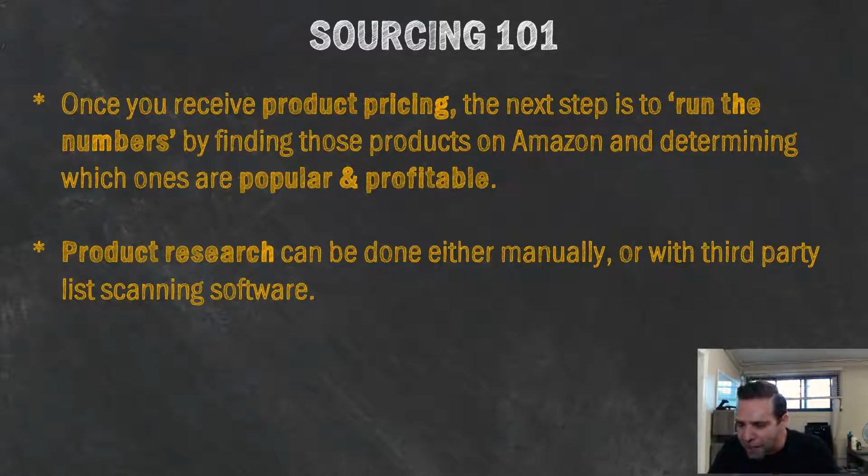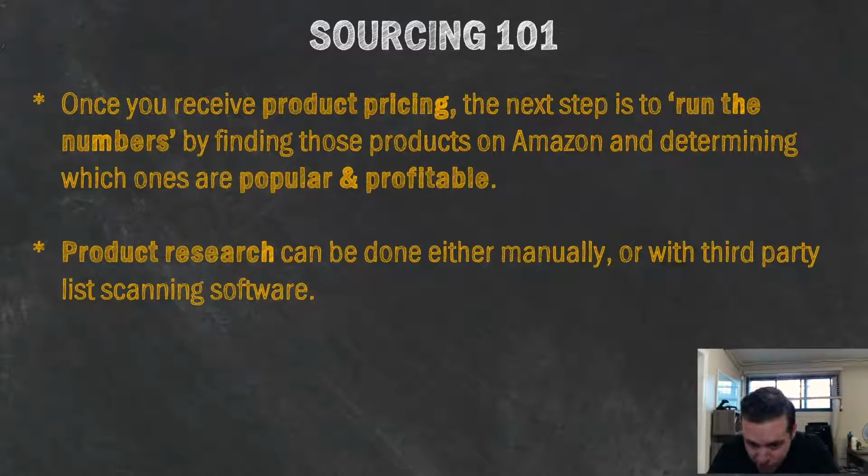So in the beginning, guys, I always recommend for everyone to scan their price lists manually. If you have been following me for any deal of time, you know that I am a big proponent of this. Going through a price list and looking up the products on Amazon and calculating the profits by hand does take a lot more time to do, but it is also much more thorough and allows you to make better buying decisions.